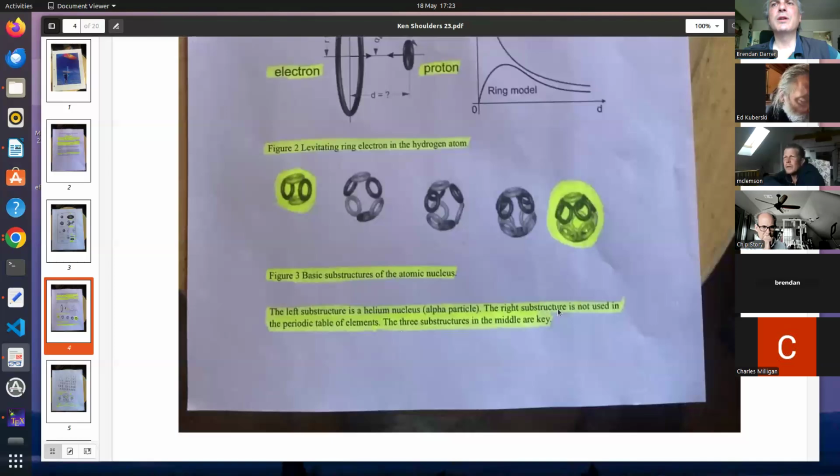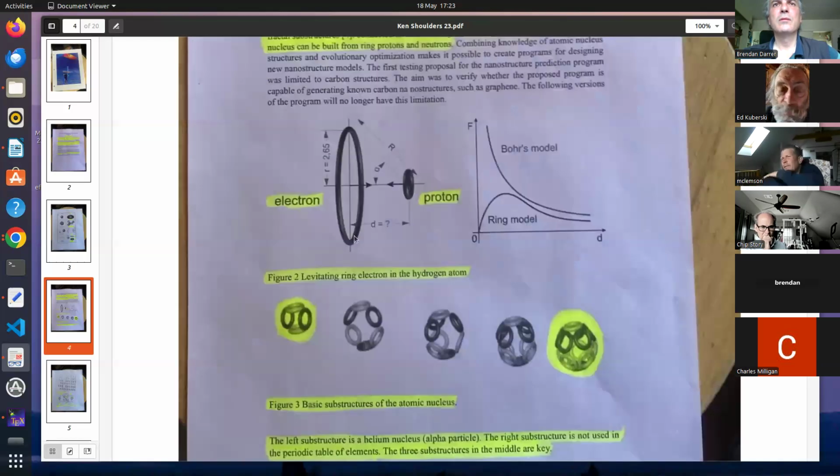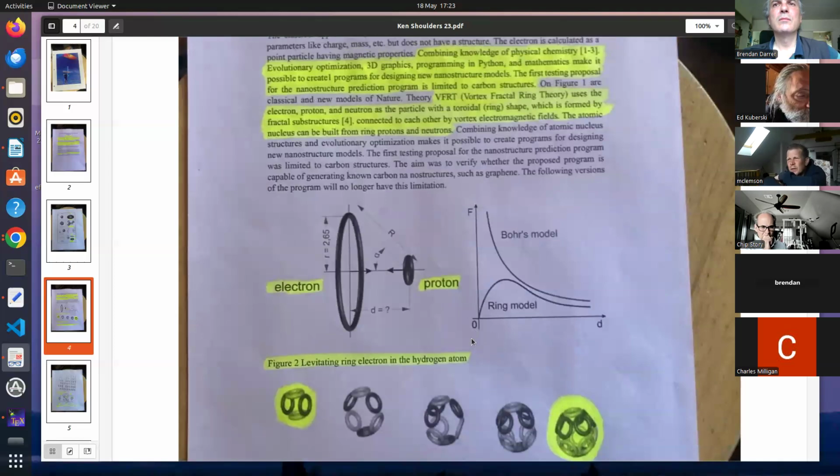Is that right structure that model, the ring model, versus the... You scroll up just a hair, scroll up just a little bit. That graph, is that force versus diameter? Is that what I'm seeing on the axes? Force... because obviously the ring model is the correct model, but I'm saying that force is kind of like the Bloch wall. At all things, it's that zero point and how it drops off to zero right there.